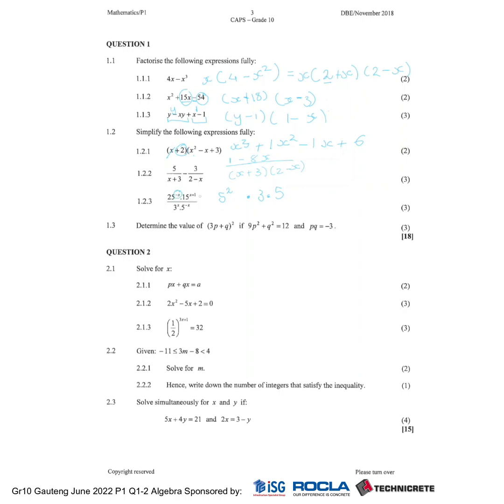So don't forget to take these over. So this will become negative 5 to the power of negative 2x, and 3 to the power of x plus 1, and 5 to the power of x plus 1, all over 3x times 5 minus x.